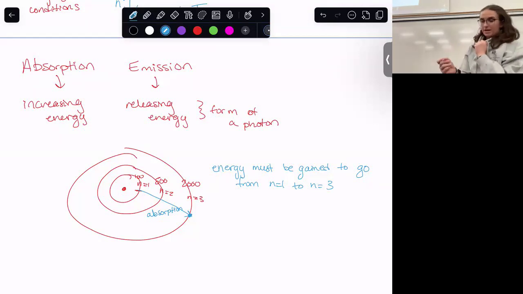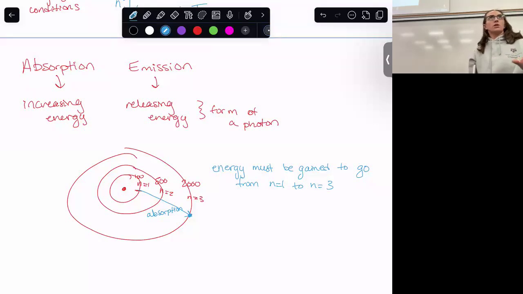So my energy is between n=2 and n=3, but in order to be at n=3, I have to have 2,000. I can have any energy from 500 to 1,999, but until I have 2,000 worth of energy, I will not be able to make it to energy level 3. I have to stay at my 500 level until I have enough energy to jump to the next one. So you have to put in enough energy to increase the energy of that electron.